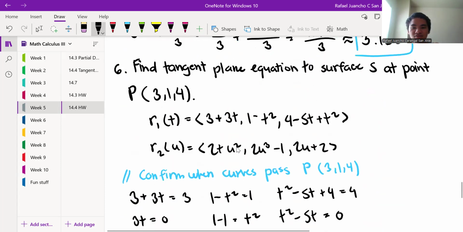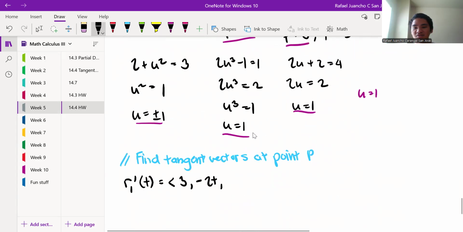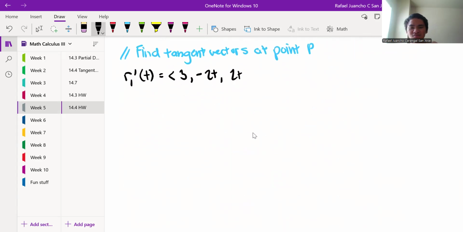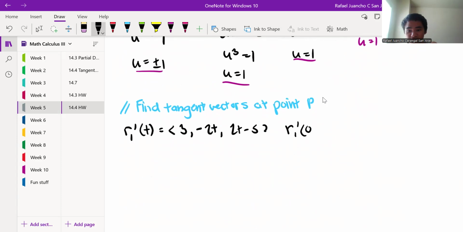And lastly, 4 minus 5t plus t squared gives 2t minus 5. Then we plug in what we know. At t equals 0 it goes to that point, so we plug in 0 for t and we see 3, 0, negative 5.